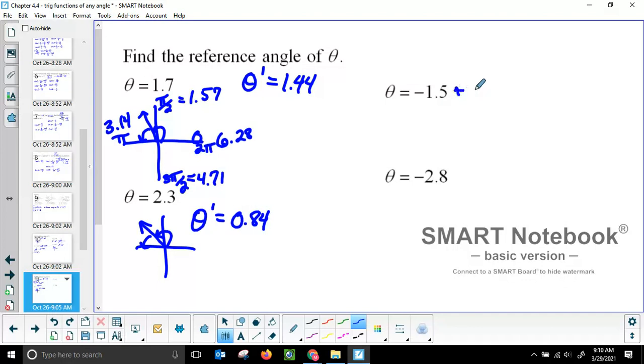If we just add 2 pi, which is 6.28, we're going to get 4.78. So 4.78 would be down here. I'm trying to get to 2 pi, so it's actually going to be 1.5.